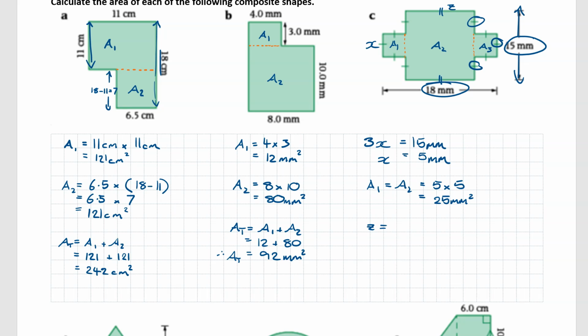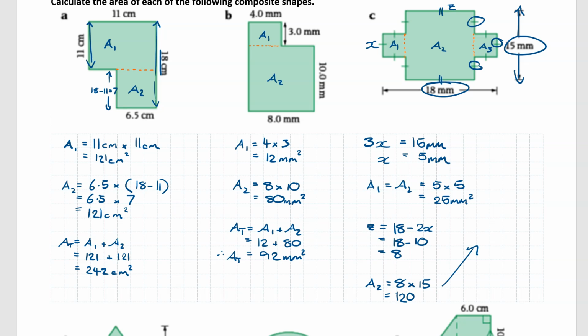Z is going to be 18 take away 2x. So that will be 18 take 10, and that will be 8. Therefore, A2 is equal to 8 times, and it will be 15 total tall. 8 times 15 is 120.